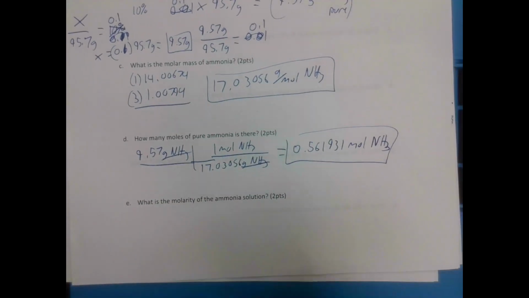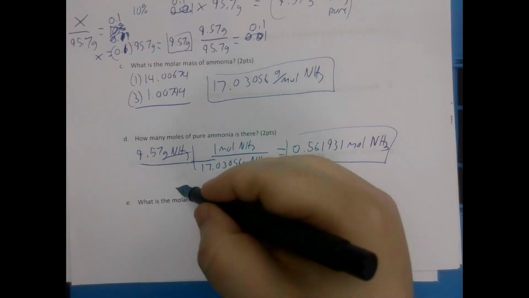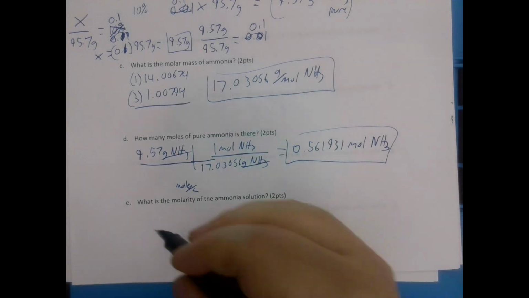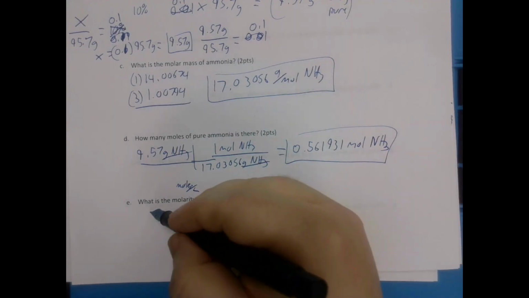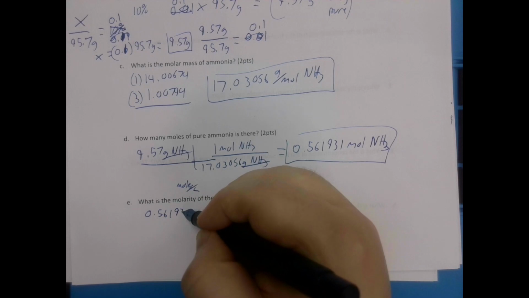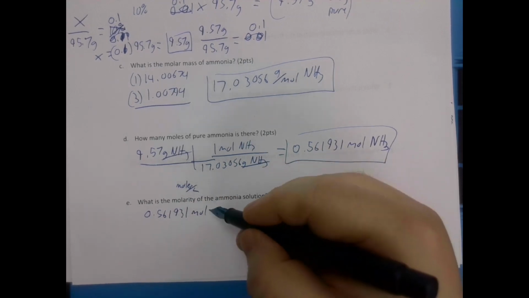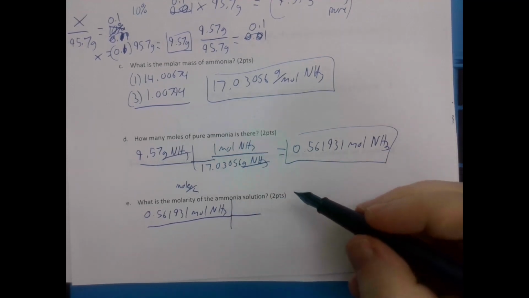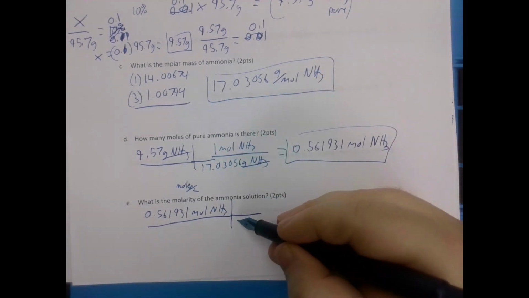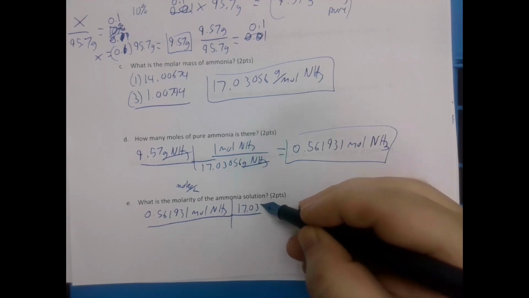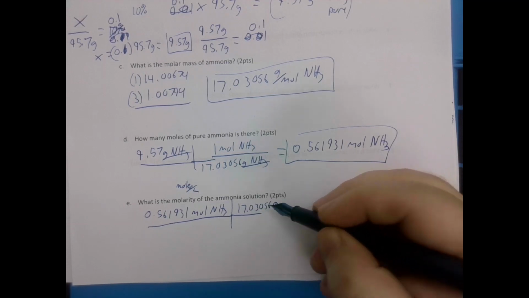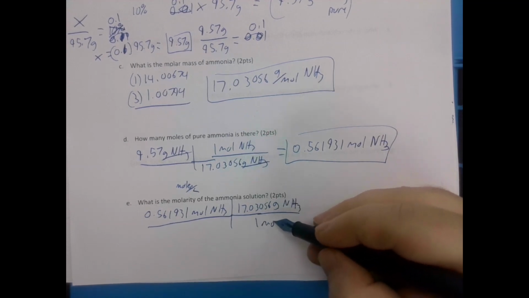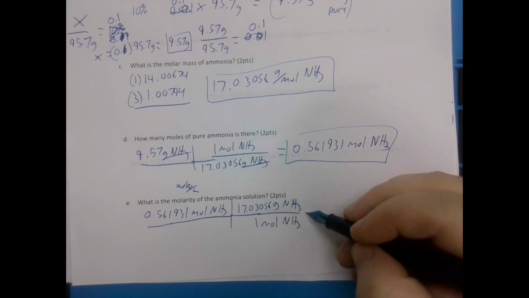And what is our molarity of the final solution? Molarity is, of course, moles per liter. So we start with our moles, 0.561931 moles of NH3, and we use our conversion factor here, 17.03056 grams of NH3 per 1 mole of NH3.